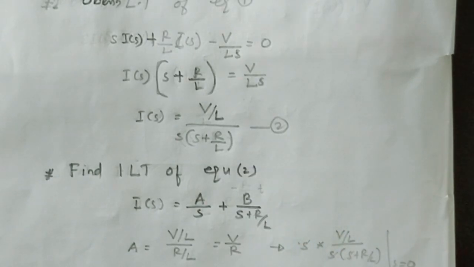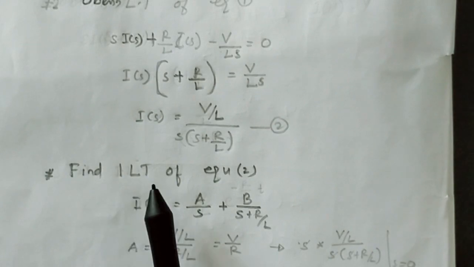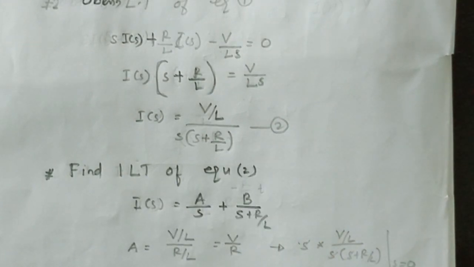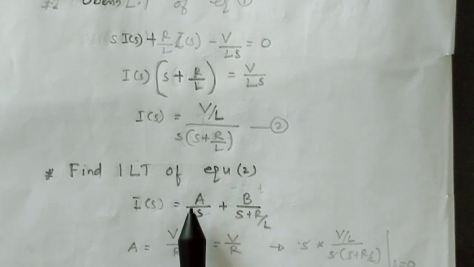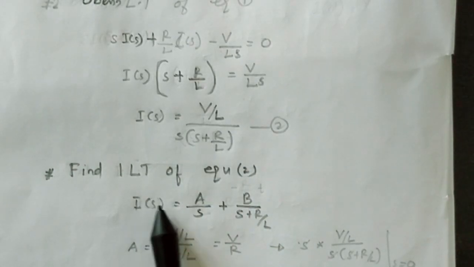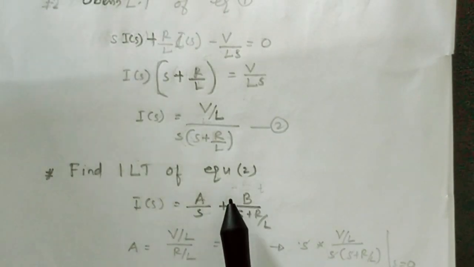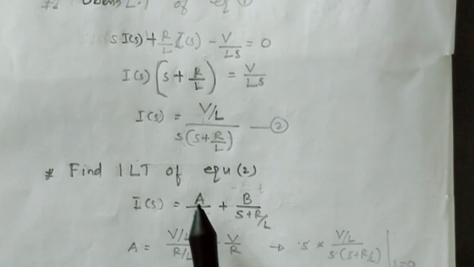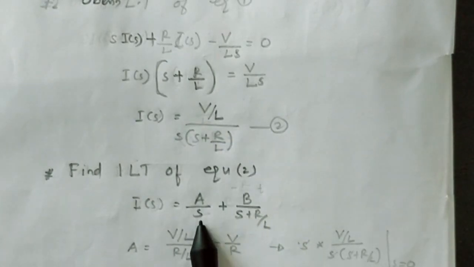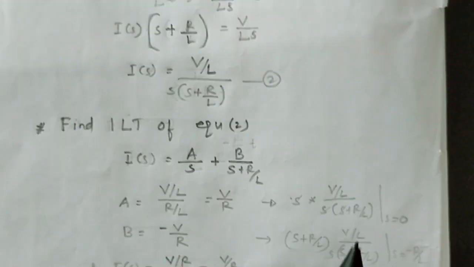The next step is to find the inverse Laplace transform of this equation. For that we need to use partial fraction expansion. Here we have two terms, S and S plus R by L. So I of S is equal to A by S plus B by S plus R by L. In order to find A, we multiply this equation by S and equate S to 0.